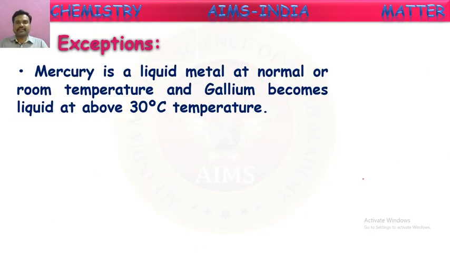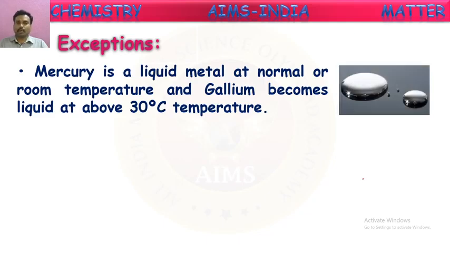Mercury is a liquid metal at normal or room temperature, and gallium becomes liquid above 30 degrees Celsius. Actually, all the metals are solids at room temperature, but mercury is the only metal which exists in liquid state at room temperature. Room temperature generally means 25 degrees Celsius. At this temperature, only mercury will be in the liquid state.